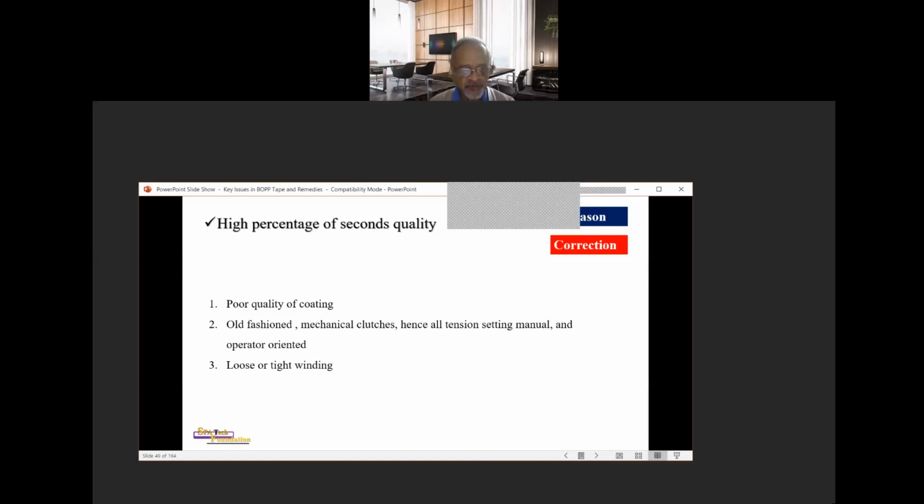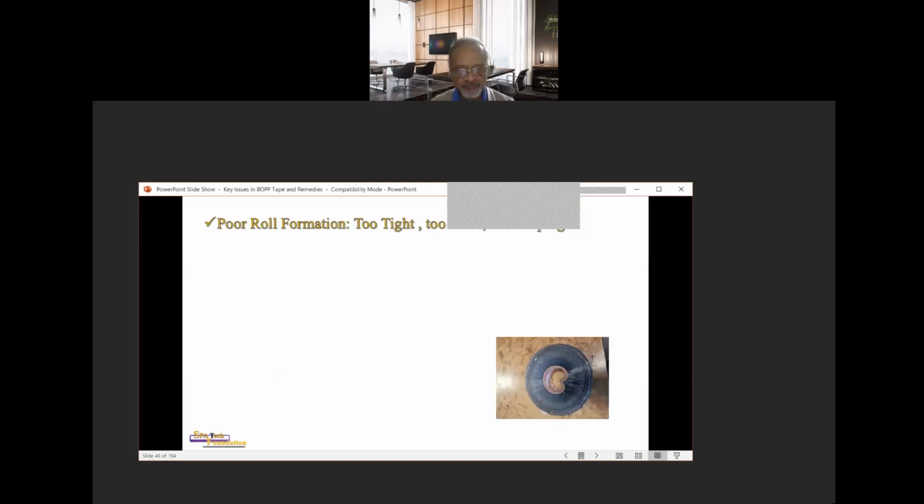Third reason is loose or tight winding. The fourth one is uneven diameter of the coated roll across the width. Poor roll formation, too tight or too loose or telescopic.